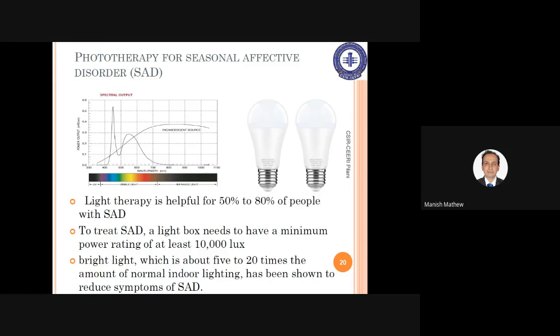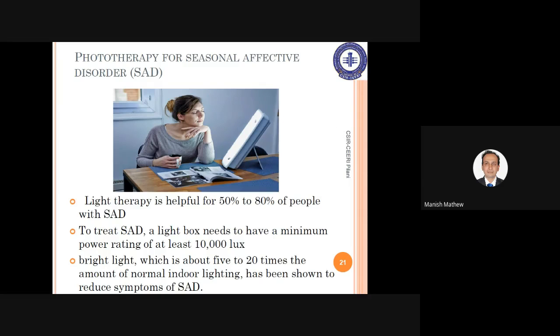There has been a lot of research on this, and it has been found that if you have this white light source, it will reduce seasonal affective disorder. If you look at this picture, commercial lights are available which will give you a white light or a blue source, which will be helpful in treating this.